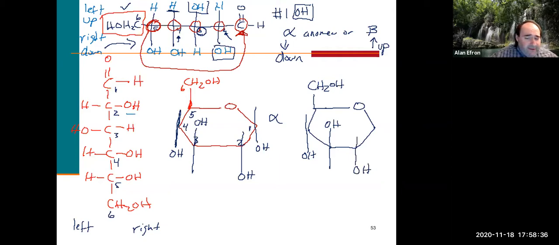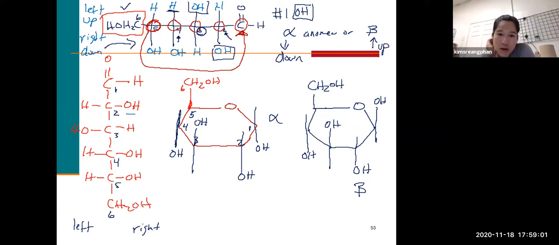And the only difference is if I drew the beta on that last carbon, we would put the OH group going up. This would be our beta. So usually they will tell you to draw the alpha or the beta. And again, that's really going to tell you the position of that last OH group on that carbon number 1. Any questions on that one there?